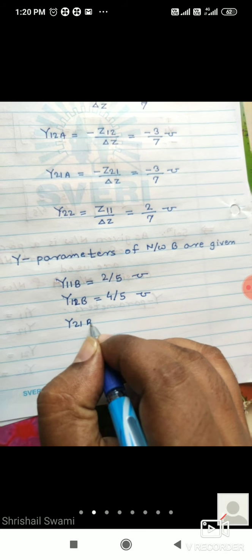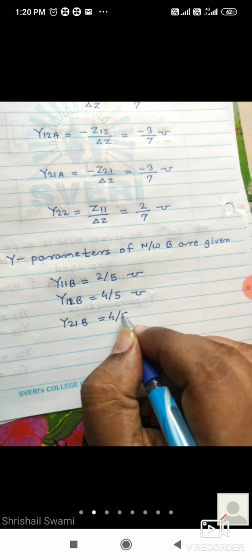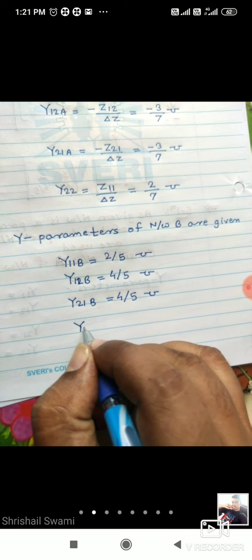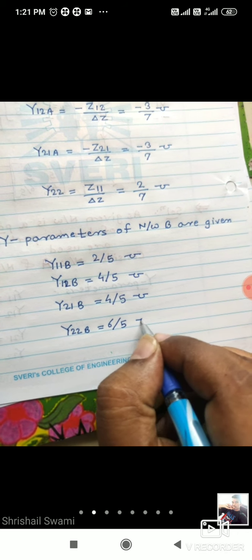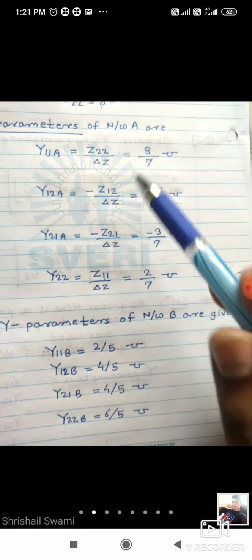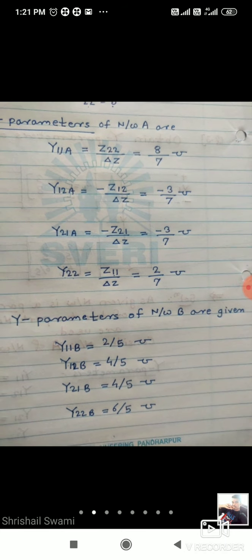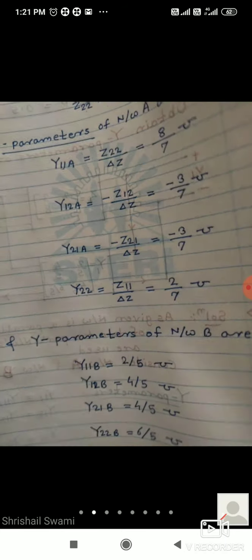Y21 of B is equal to 4 by 5 mho, and Y22 of B is equal to 6 by 5 mho. Now you have both Y parameters of network A as well as network B. So finally you can add according to the parallel combination.